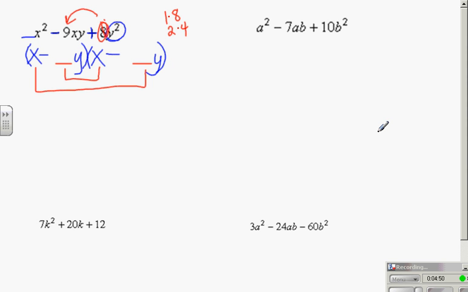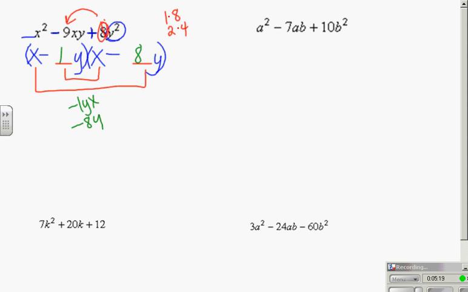So if I start by putting 2 and 4 in there, and if I put a 2 in here and I put a 4 in here, I still have 8 in the back, but in the middle I have negative 2xy and negative 4xy, which is negative 6xy, which is not what I want. So I erase those. And then I try 1 and 8.